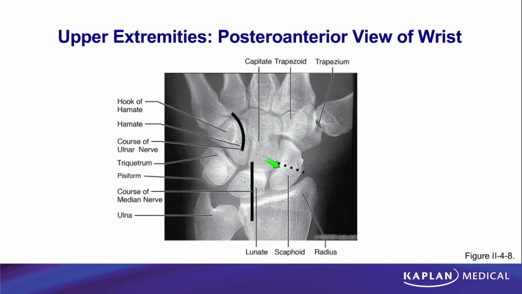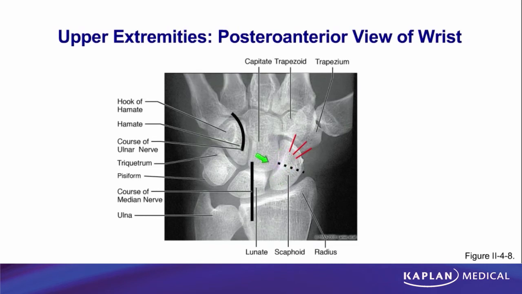The reason that's really important is that the blood supply to the scaphoid almost entirely enters the scaphoid at its distal end. All of the vessels that supply the scaphoid enter at the distal head of the scaphoid, which means that the proximal head of the scaphoid gets its blood supply by way of branches of these vessels that have to traverse the scaphoid to get there.